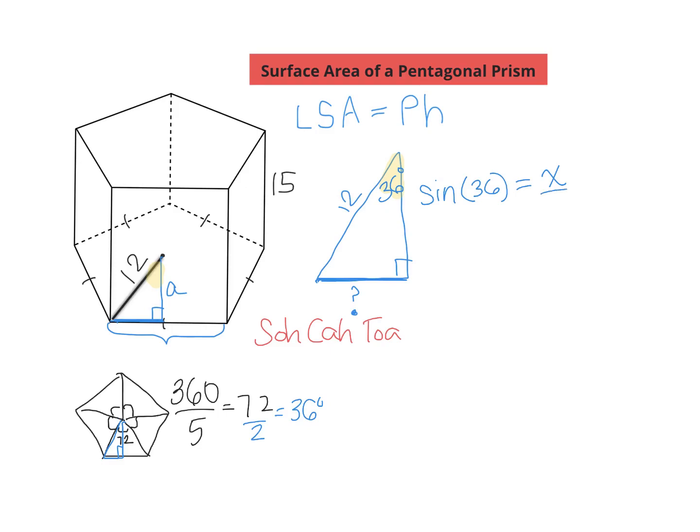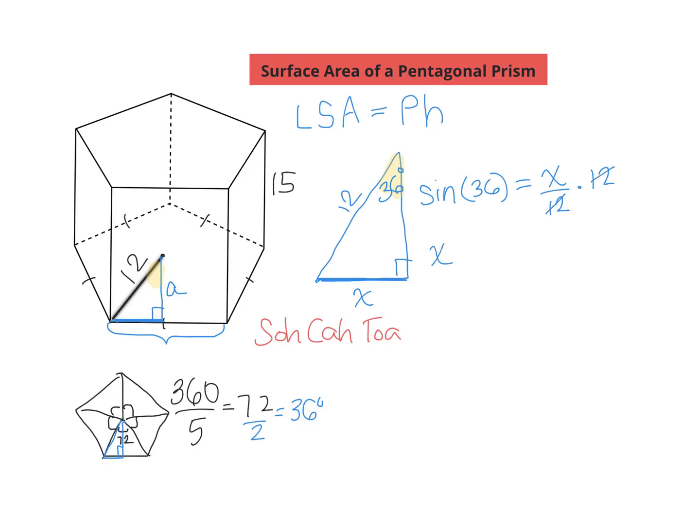I'll label that as x, over my hypotenuse. Now to solve for that side, I'm going to have to figure out how I can get rid of that denominator of 12. So my denominator of 12 can be eliminated by multiplying by 12. So I'd multiply by 12 on both sides.